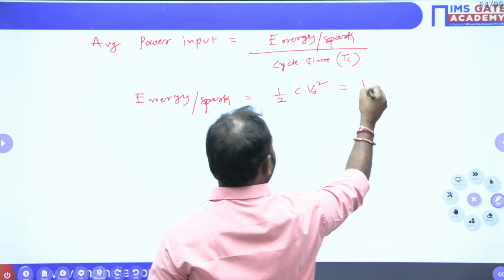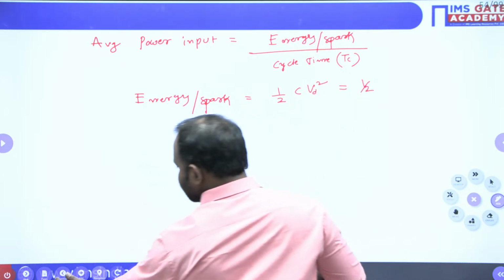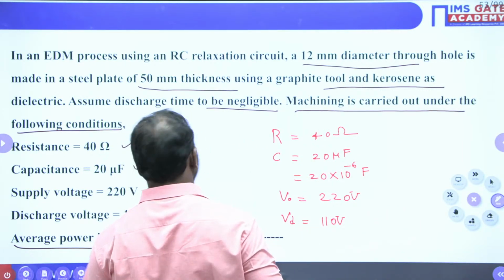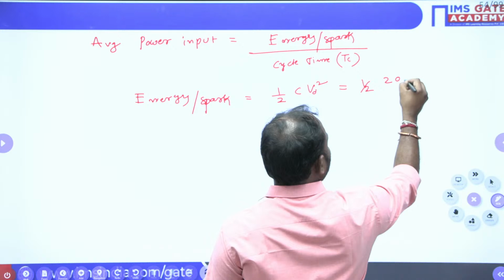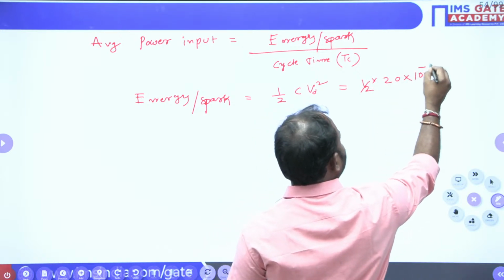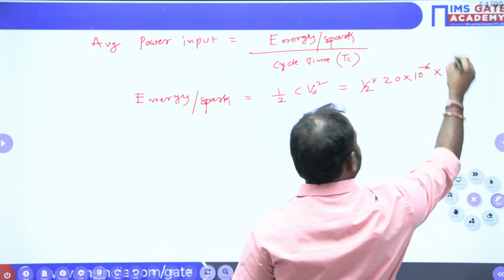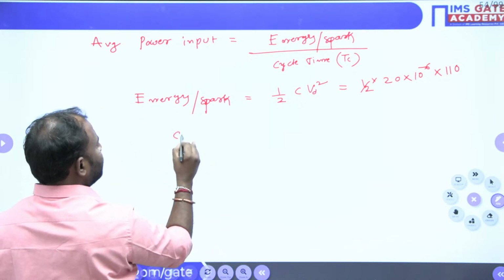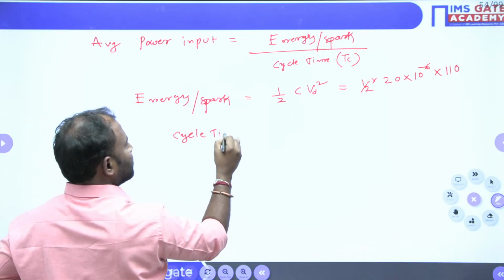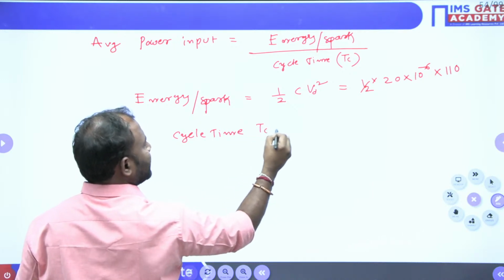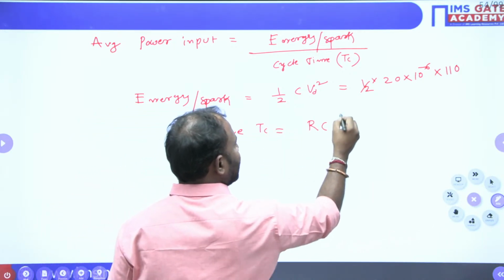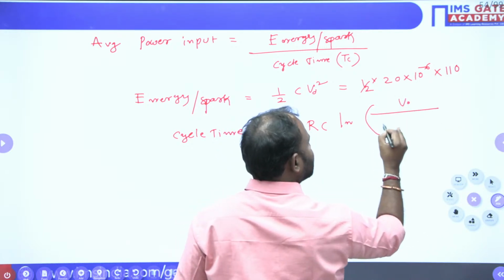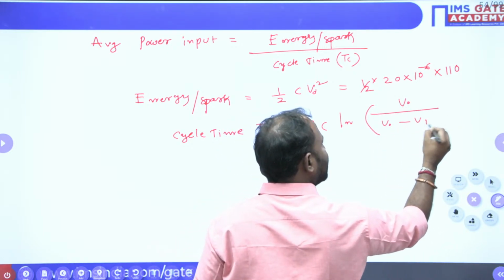That is half into C, the capacitance, which is 20 into 10 to the power of minus 6, into 110 squared. Now cycle time TC is equal to RC into ln of supply voltage divided by supply voltage minus discharge voltage.